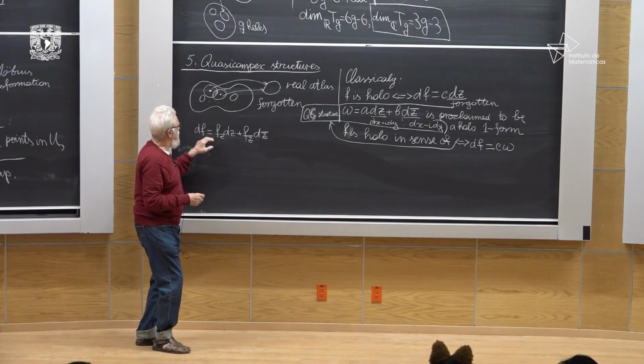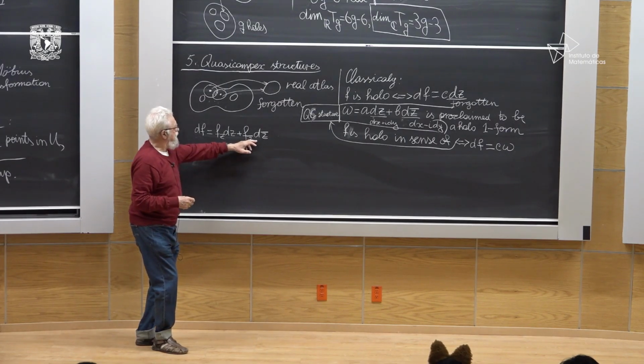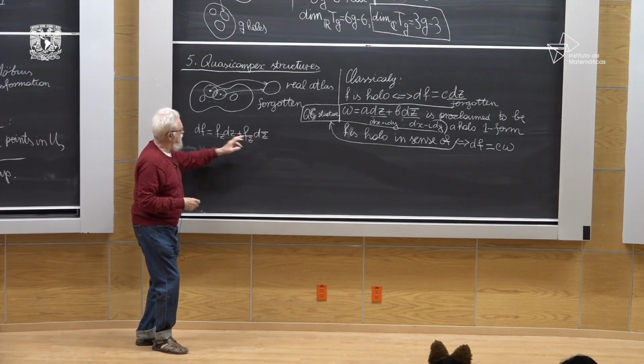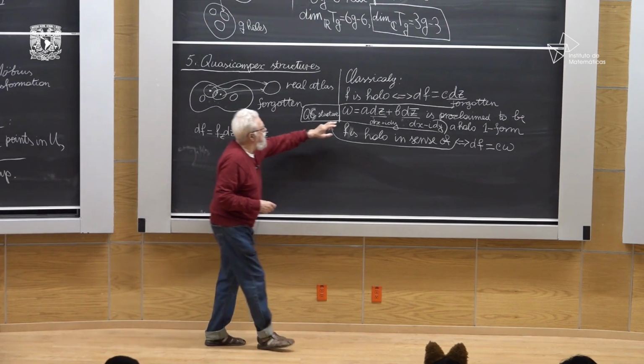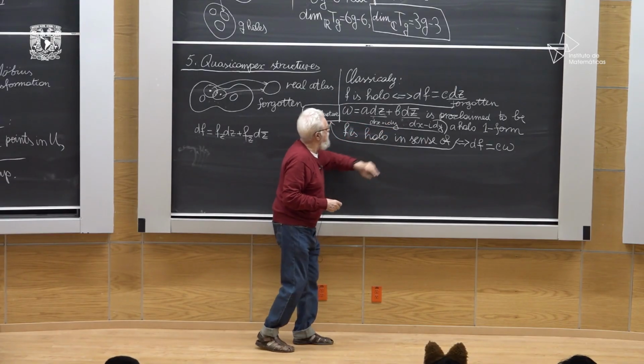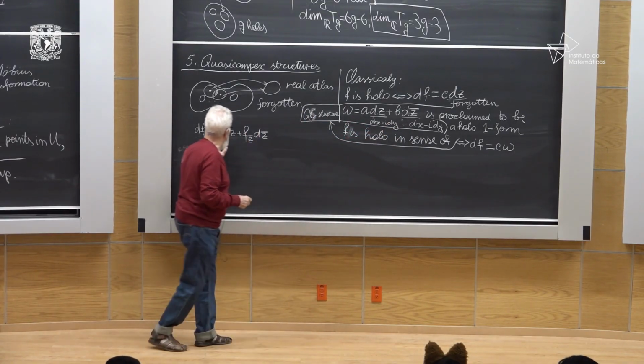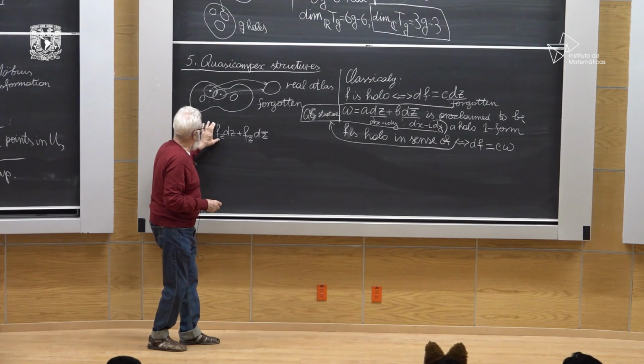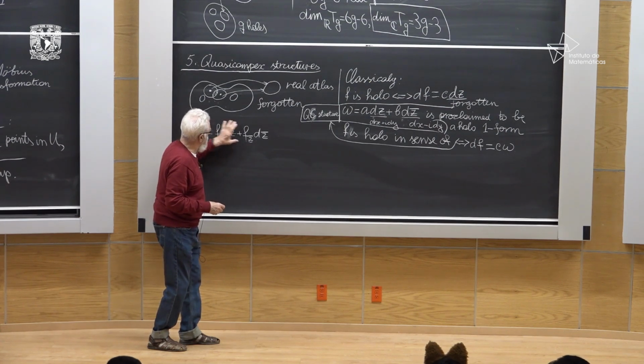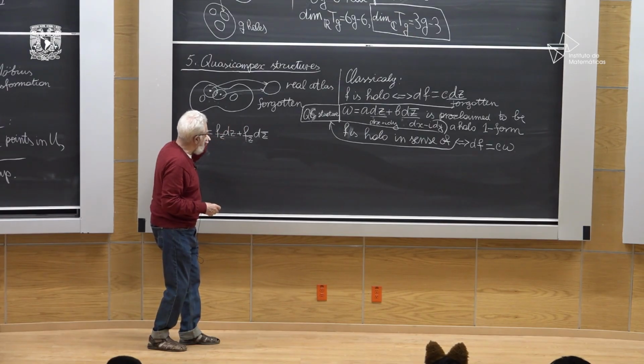Any complex valued linear form in the real plane with the coordinate z may be written in this way. And in the differential of f, these factors are called the partial derivatives in z and z̄.